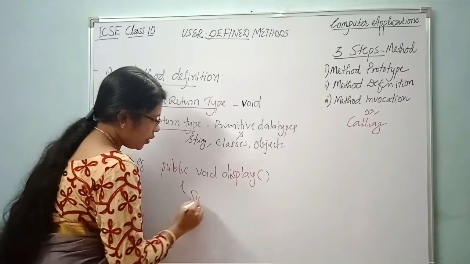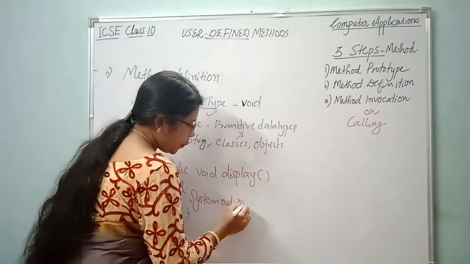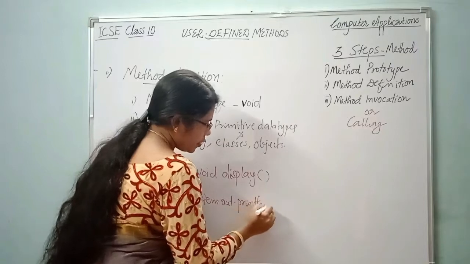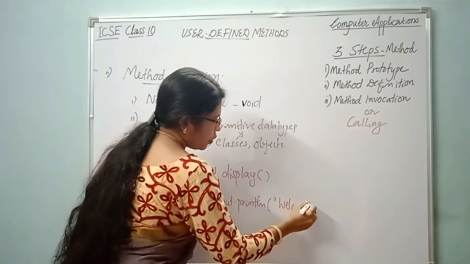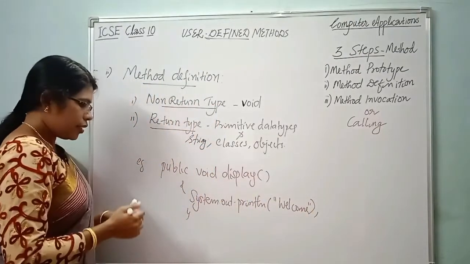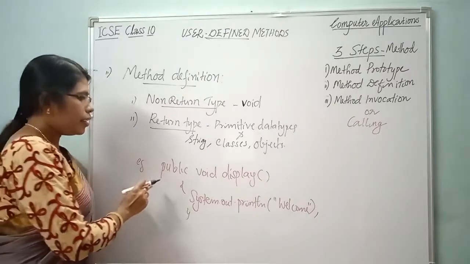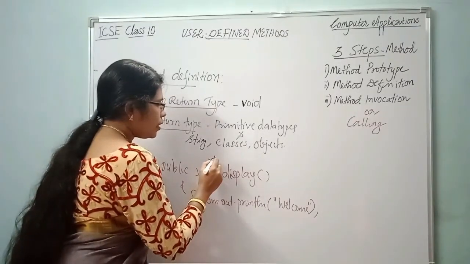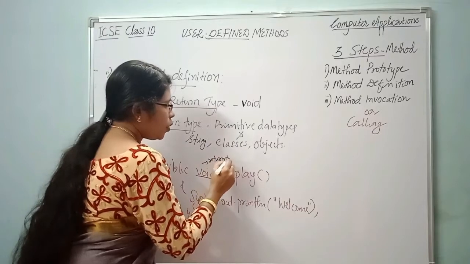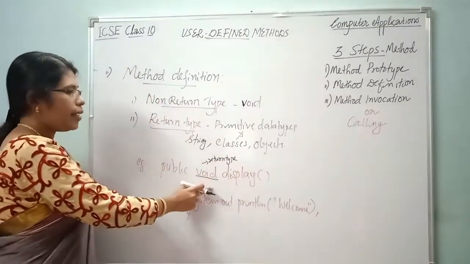Here we have written system.out.println to print a message as welcome. So this is method definition, and here this is the access specifier, that is not compulsory. This is the return type, that is the data type of the method.